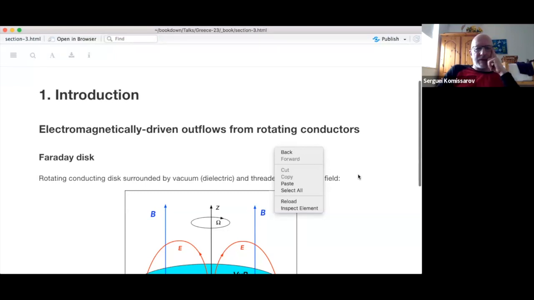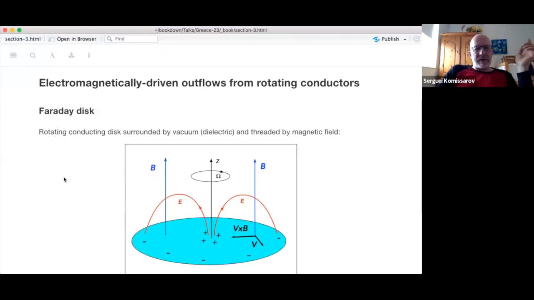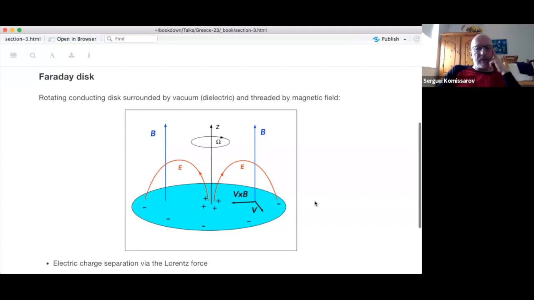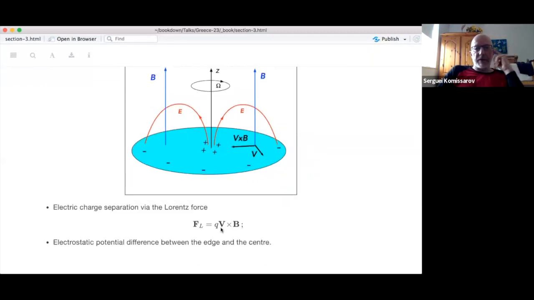And I will discuss, first of all, the electromagnetically driven outflows from rotating conductors. And the most famous example is the Faraday disk. So we've got this disk, it's conducting, it's rotating, it's got the magnetic field, which threads the disk. And the charged particles which are rotating inside the disk are subject to the Lorentz force, V cross B. And the direction of the force depends on the charge, and it causes the charge separation.